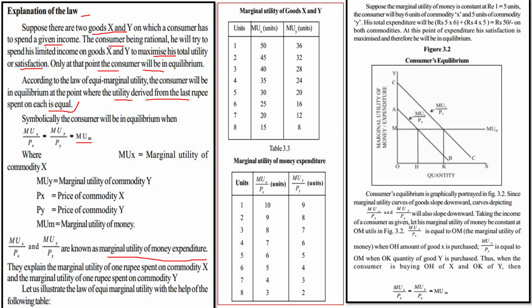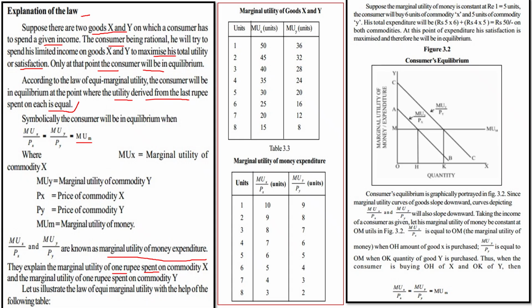So this explains the theory where the marginal utility of the last rupee spent on commodity X and the marginal utility of the last rupee spent on commodity Y are equal. Let's illustrate this example with the following table.